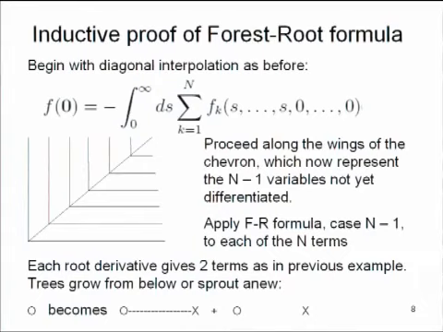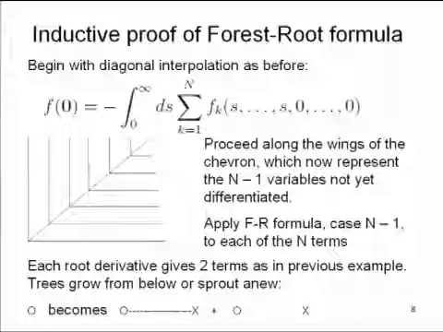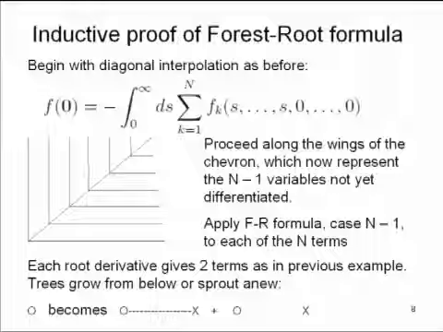Then you take the n minus 1 version of the formula to start at each point along the diagonal and then go off into R n minus 1 plus. Each root derivative in that formula then gives two terms. A root will either sprout a link or it will be two independent terms, just as we found in proving the n equals 2 case.